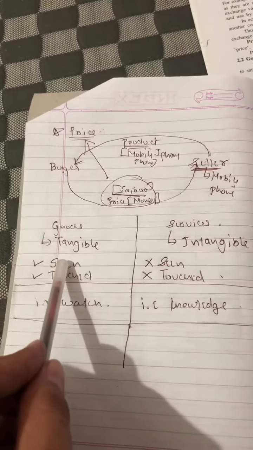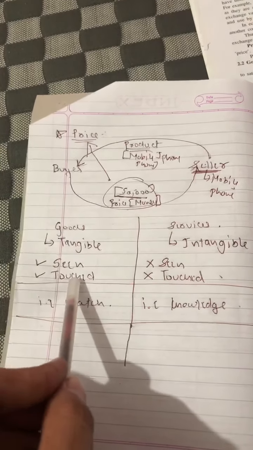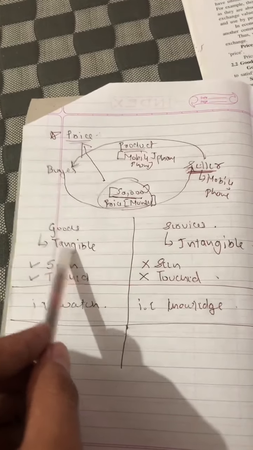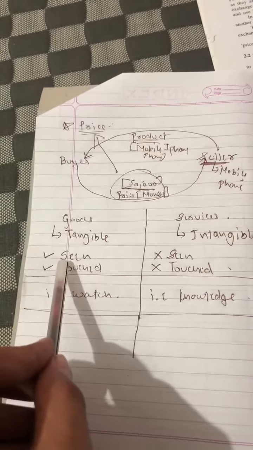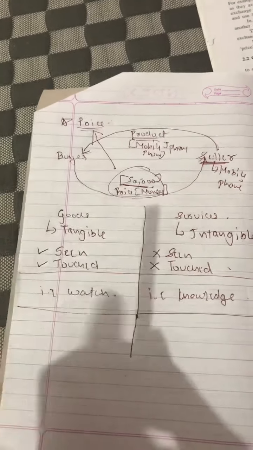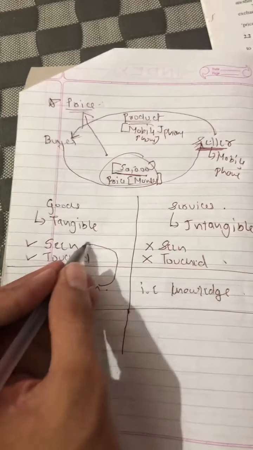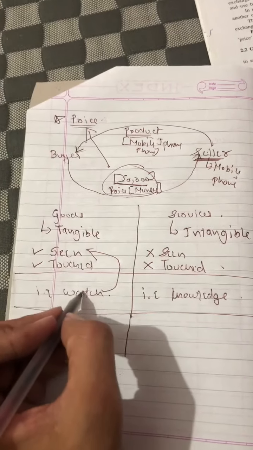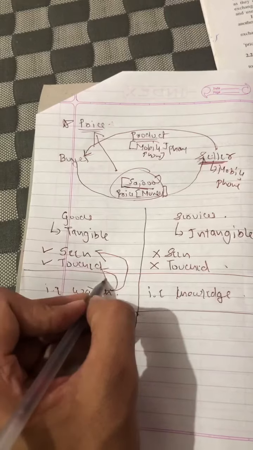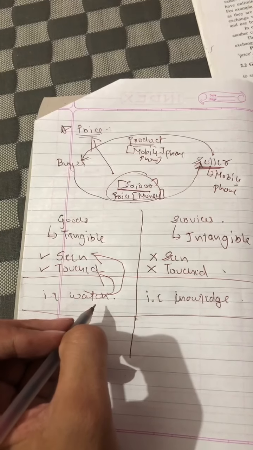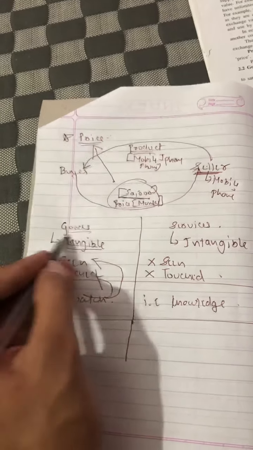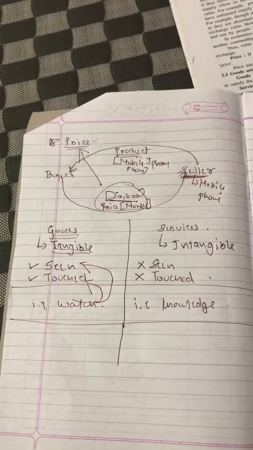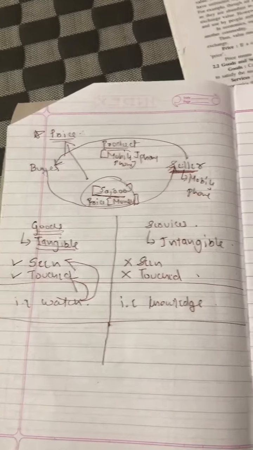Anything that can be seen, anything that can be touched is called tangible. So goods are tangible because they can be seen and touched. For example, a watch. Can a watch be seen? Yes. Can a watch be touched? Yes, and hence it is called tangible. So goods are tangible because they can be seen, they can be touched.